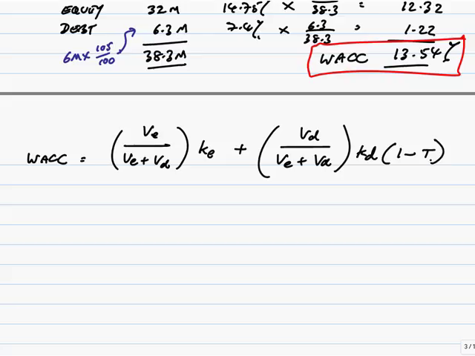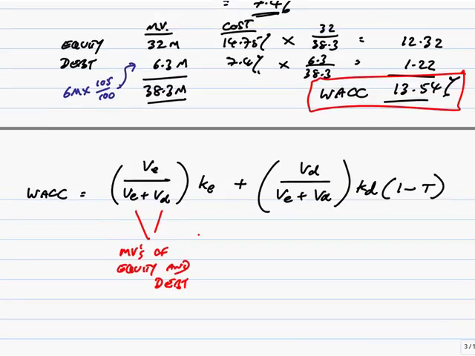Now there is one little problem with that. VE, VD, no problem. VE and VD are the market values of equity and debt. And so no problem. We are weighting by the market values. In our example, it was 32, 6.3. KE is the return to shareholders. Well, of course, I've said several times, the return to shareholders will equal the cost of equity.